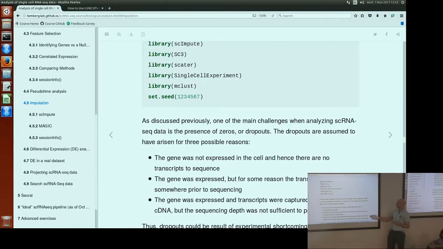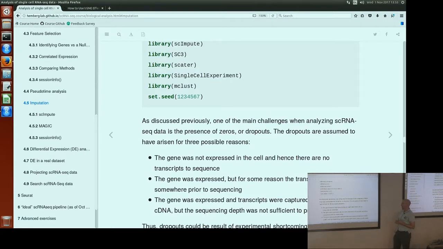And the third reason is that we did capture the transcript properly, but when we sequenced, we didn't sequence deeply enough, so we failed to get any reads from the transcript, and hence it appears to be a 0 even though it was actually present.